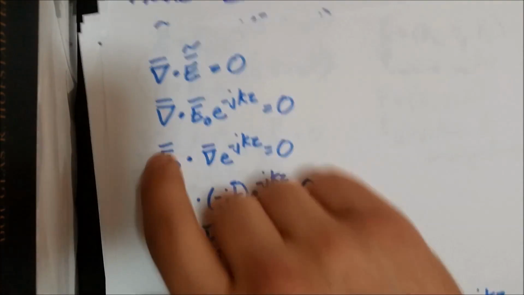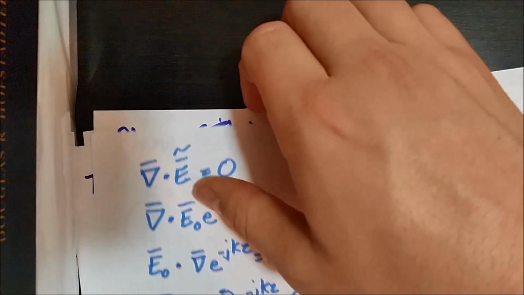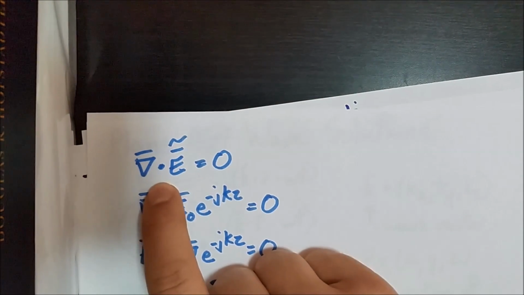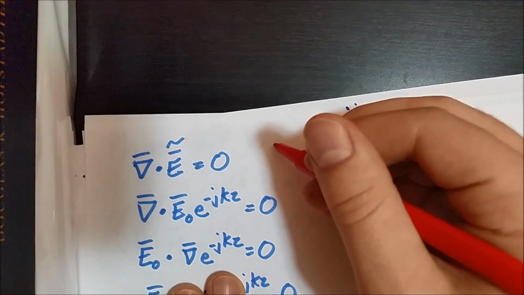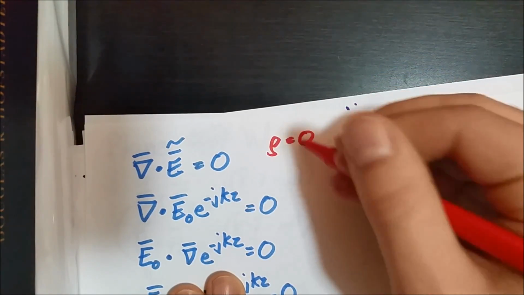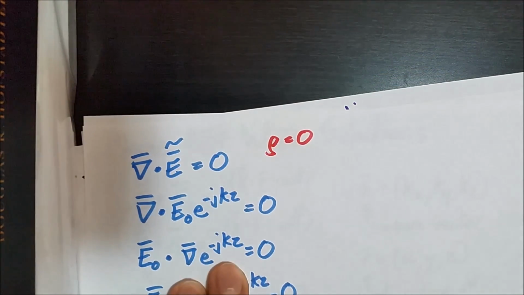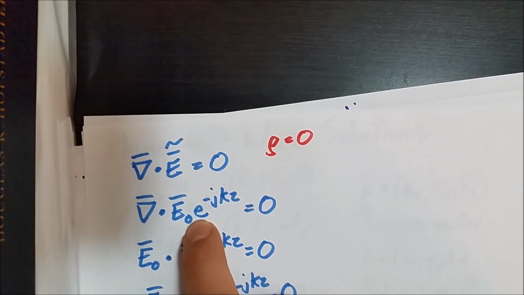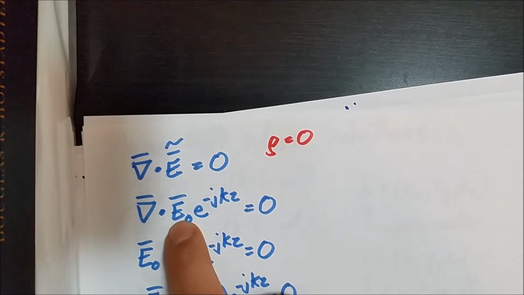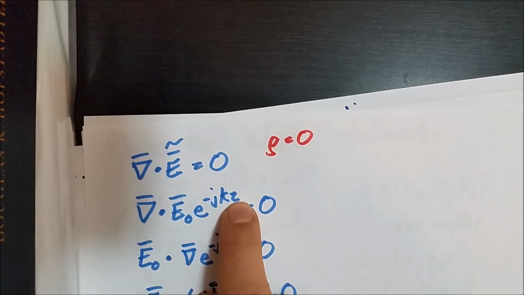So what we can do is we can start with Gauss's law, which in this case for simple media we assumed that the charge is equal to 0. So it's 0. We plug in the complex term, the magnitude of the electric field with some complex exponential in the z direction.